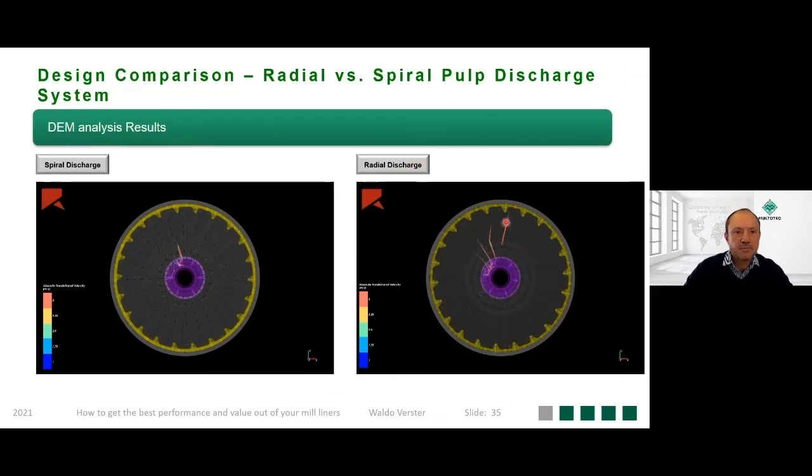With the radial system, I can actually move it on slightly. But you can see with the pulp in the 12 o'clock position, there's still a lot of material in the adjacent pulp lifters. This can now either flow back into the mill, or it can flow into adjacent pulp chambers and go around again, causing inefficiencies in your discharge design.